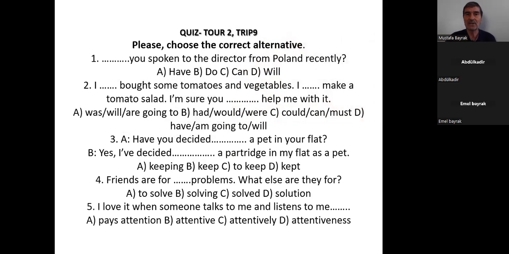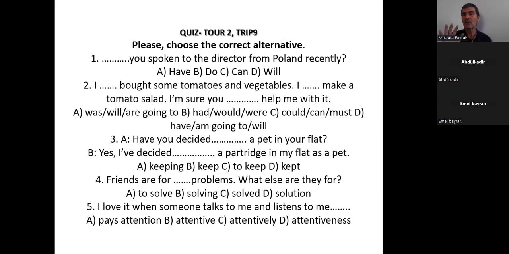Okay? Okay, quiz time. Please choose the correct alternative. Question 1. Blank use spoken. Not speak, not speaking, not speaks, not spoke, not to spoke, just spoken, verb 3. Blank you spoken to the director from Poland recently.